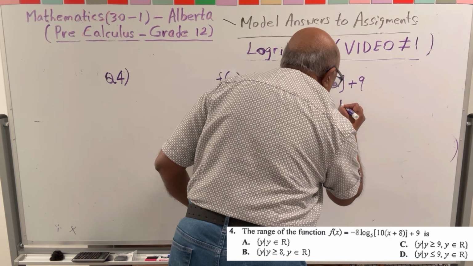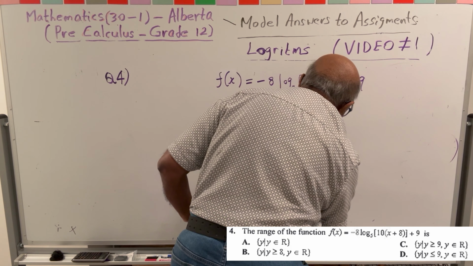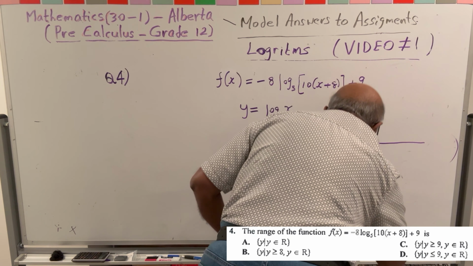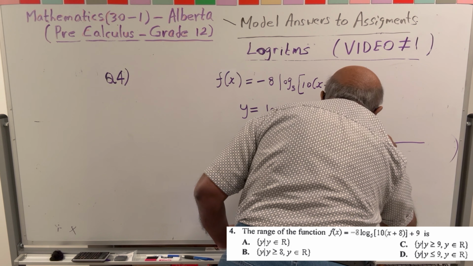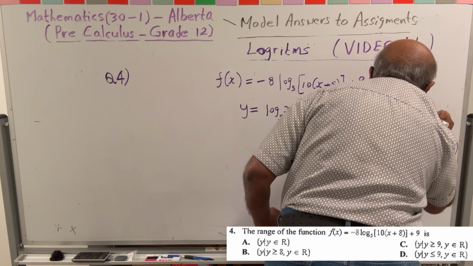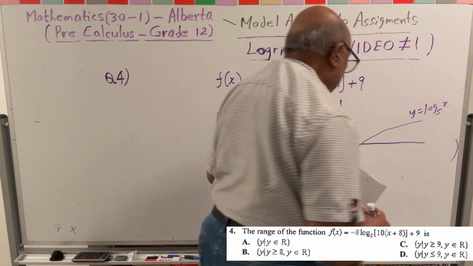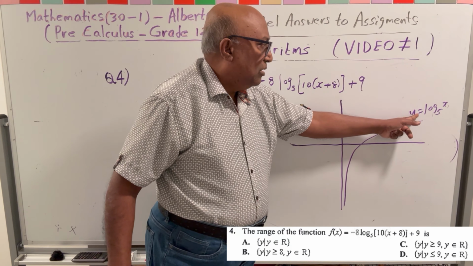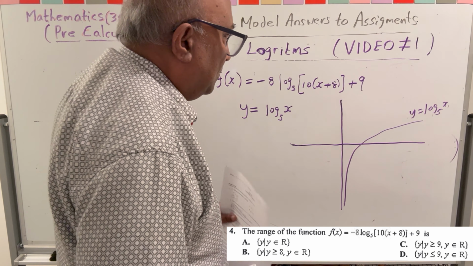Okay, let's start from the graph of the basic log function. The base function looks like this: y equals log base 5 of x. Please remember this is not to scale, okay? I have drawn the shape of the function only.